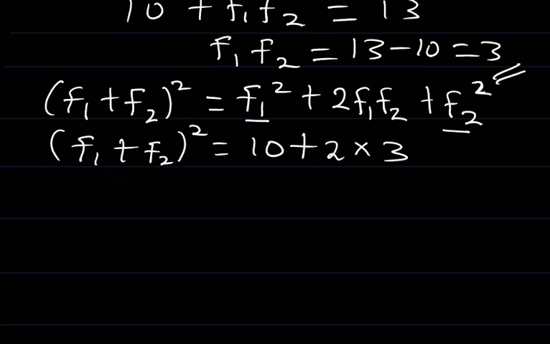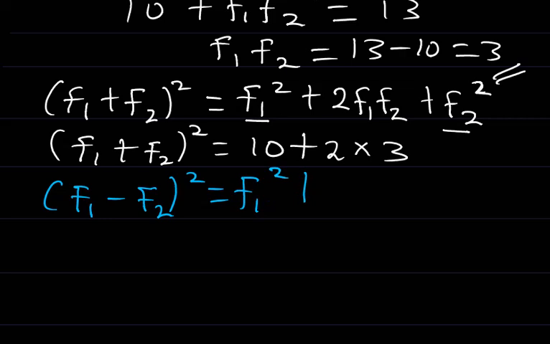If we also do the same for F1 minus F2 all square, if you expand this, you will end up having F1 square. This time around, because of the minus, it will be minus 2F1 F2.